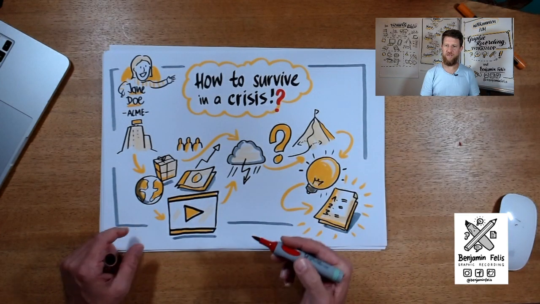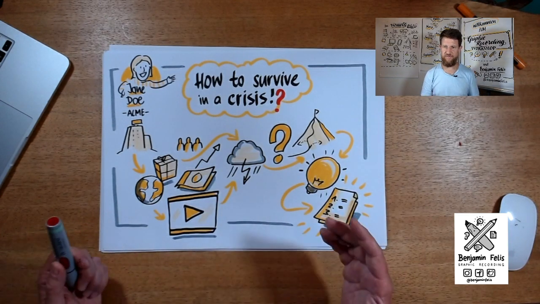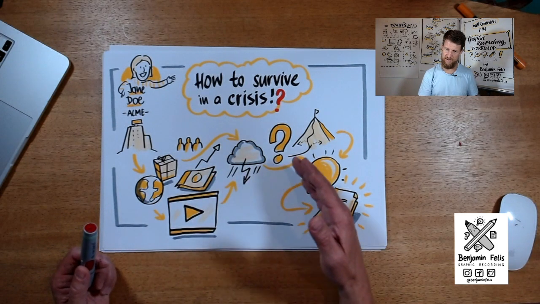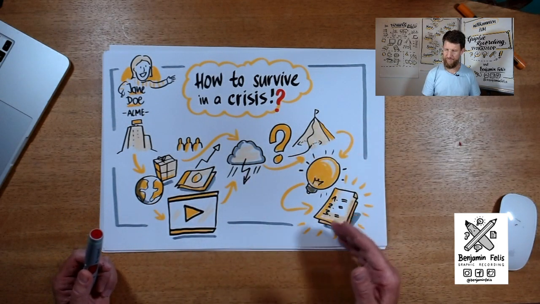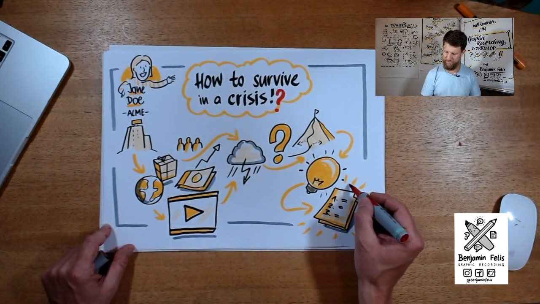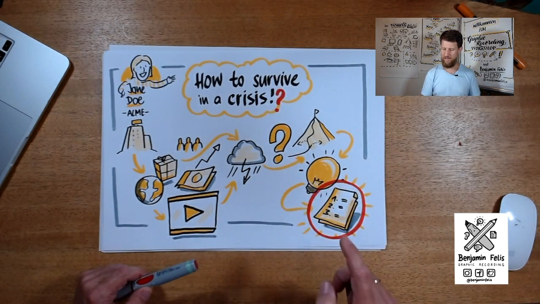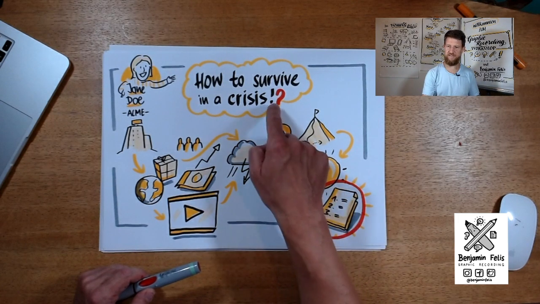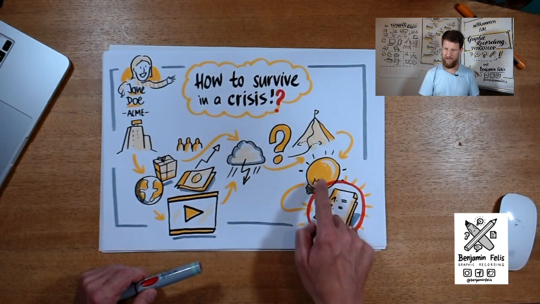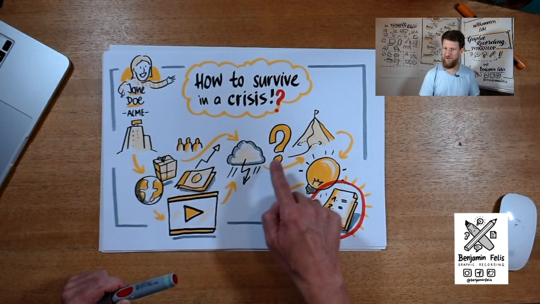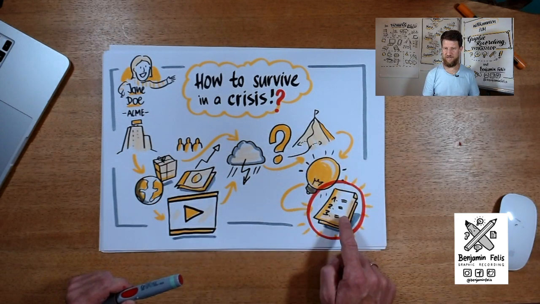So we want to focus on the question, how to survive in a crisis. And looking at all the aspects the presenter spoke about, we see that the important part is only this one here. So this part answers exactly this question. All the other stuff, it's good to know, but it's not really relevant for answering the question.